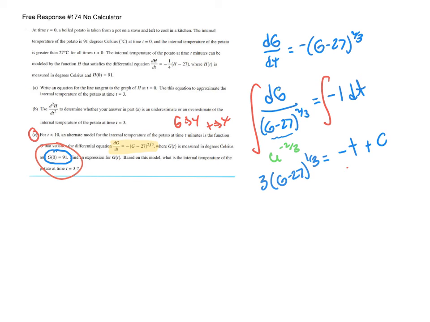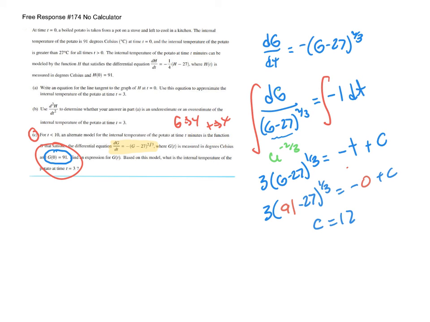So we're going to do 3 times 91 minus 27, which we already know is 64. And we're going to take the cube root of that. And then this is just negative 0 plus c. So essentially there's just c on this side. So when we figure out this answer, we're just going to solve for c. Let's see. The cube root of 64 is 4, and 4 times 3 is 12. So c equals 12.